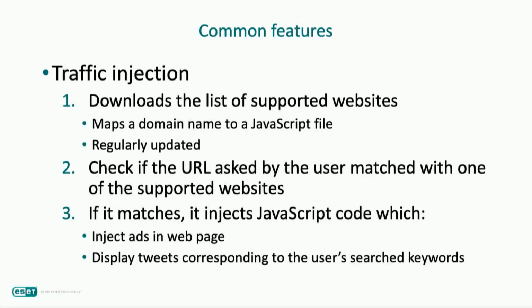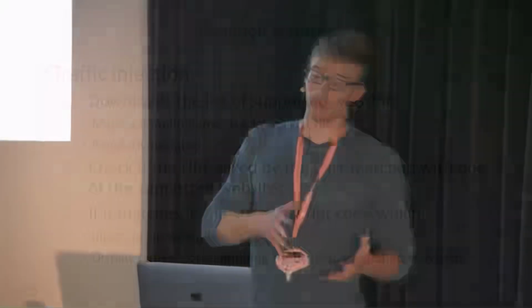The list maps a domain name to a specific JavaScript file, and for each URL, Wajam will check if the domain name matches any domain name in the list, and if it matches, it injects the ads and the tweets corresponding to the user keywords. So here is an example of Wajam's list of supported websites.